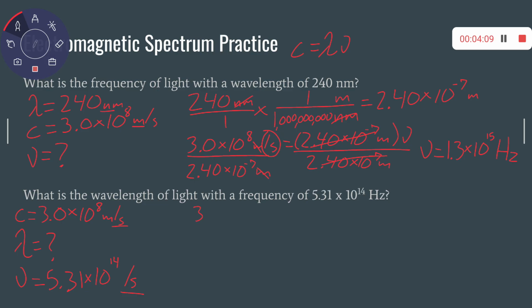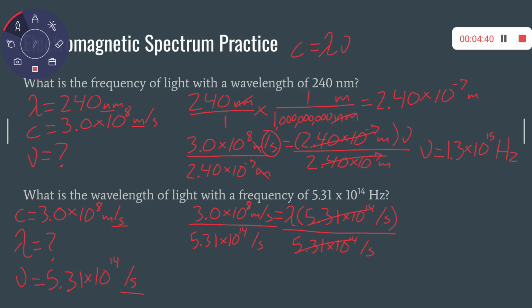So my units are friends, and I can do algebra with them. So I'm going to take my speed of light equals lambda times my frequency. And then I'm going to divide to get lambda by itself. So this will cancel.